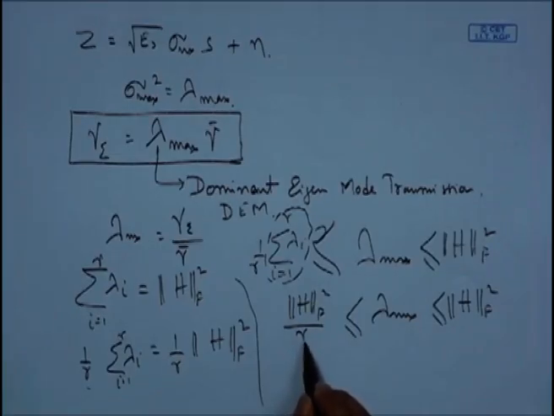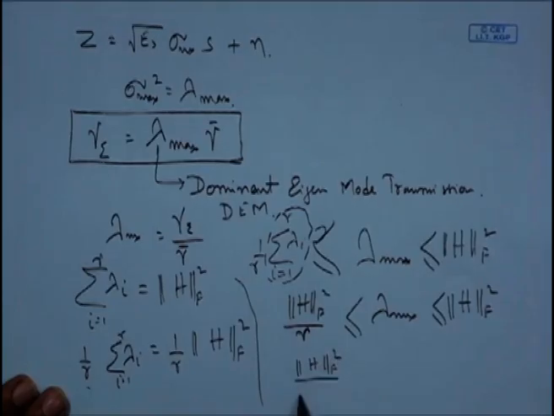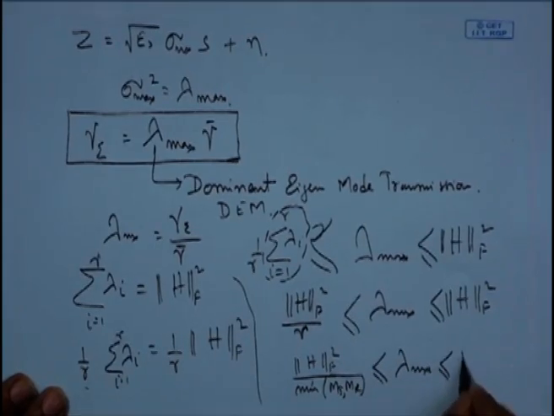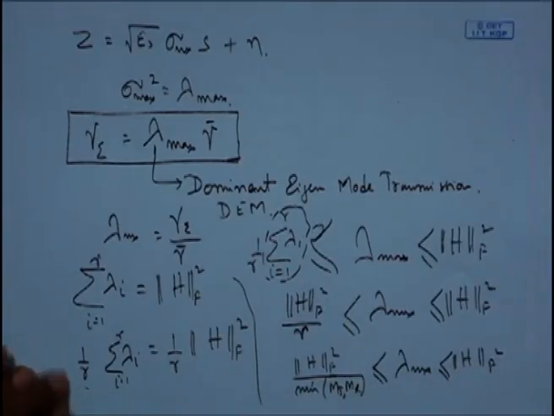Now r is the rank of the matrix. Rank of the matrix means the number of independent columns in the matrix, or the minimum of MT and MR. So we would write this as ||H||_F squared by minimum of MT, MR. This is the rank of the matrix, times lambda max is less than or equal to ||H||_F squared. So this is what we have.